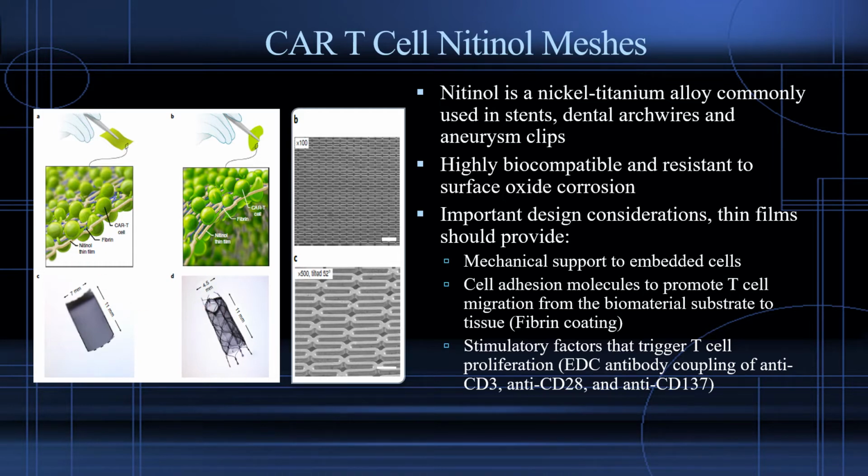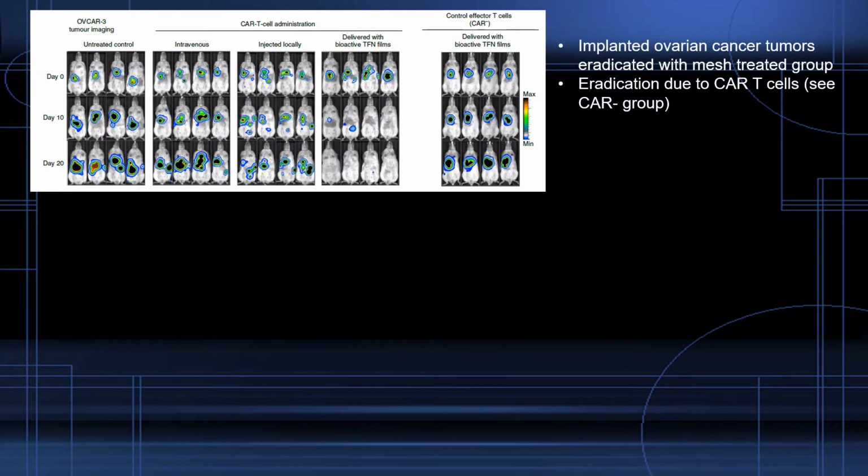And so when they took ovarian cancer cells and implanted them in mice to make tumors, they saw, compared to intravenous or local injection, as well as the untreated, the bioactive meshes, and we can see this here, eradicated the solid tumors in 7 out of 10 of the mice.